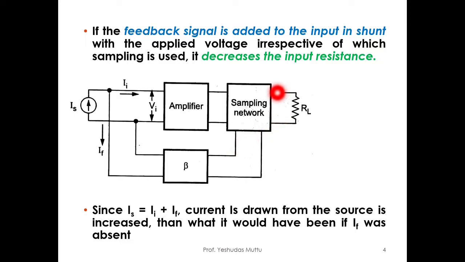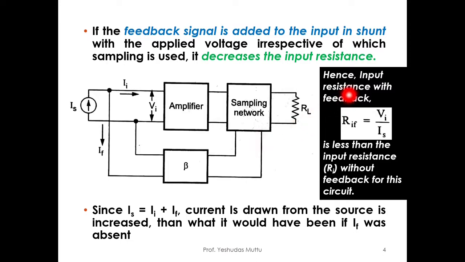Again, irrespective of whichever sampling I use, the sampling network is kept as a box only over here. Input resistance with feedback RIF is equal to VI by IS, because IS is your input now. It is less than the input resistance Ri without feedback.